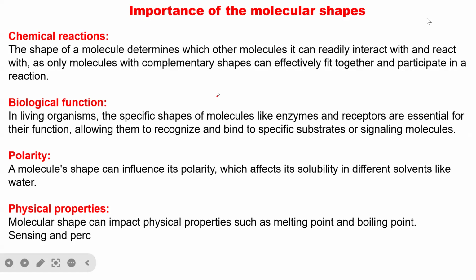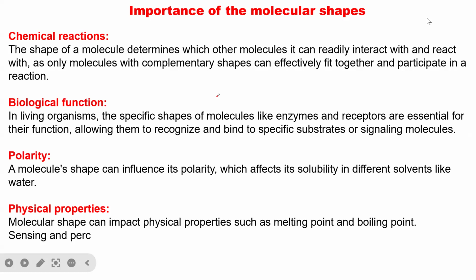So the shape of the molecules determines which other molecules will interact with it to undergo a specific type of reaction to generate another product. Shape is very important in aligning with other substrates or reactants so they can fit together effectively.